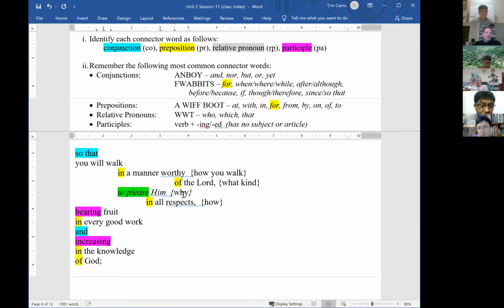Bearing fruit. Okay, and now we just decide, where does that go? Well, like you just said, Dwayne, a participle modifies a noun or a verb. And here we just have to ask, what is it describing? I think it's modifying walk. It's describing how. How would you walk?